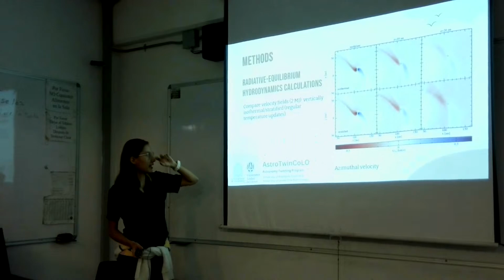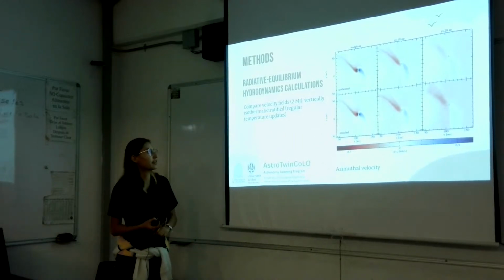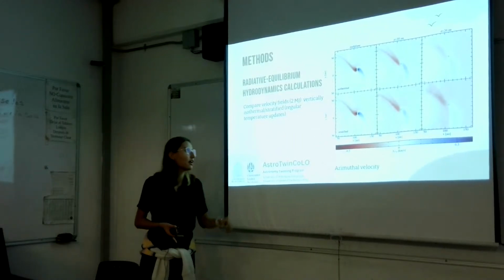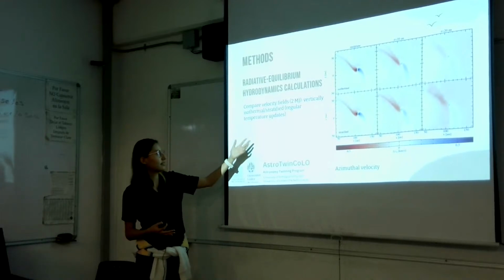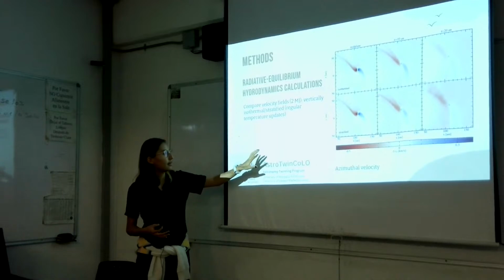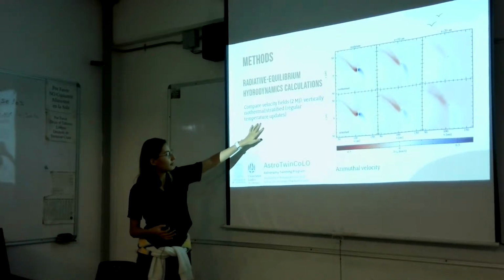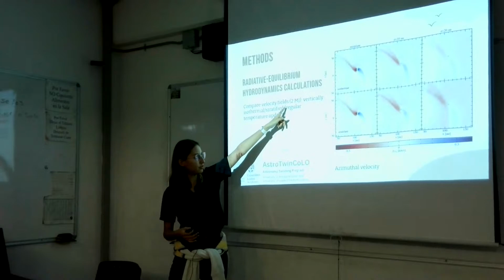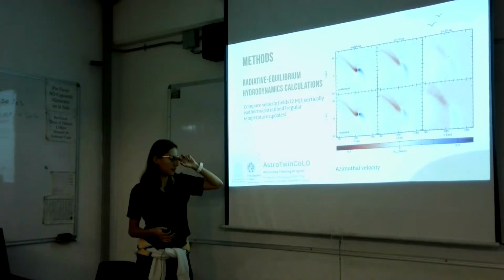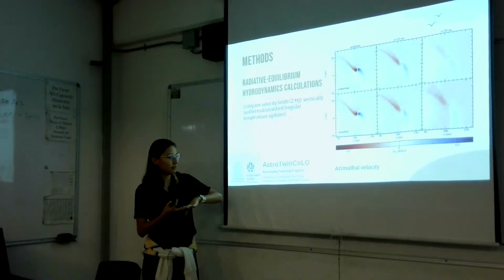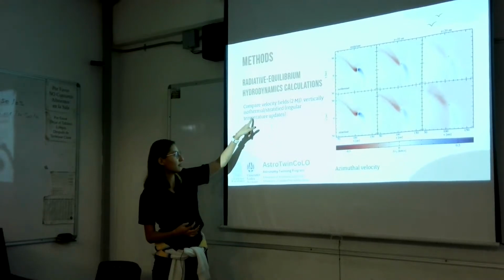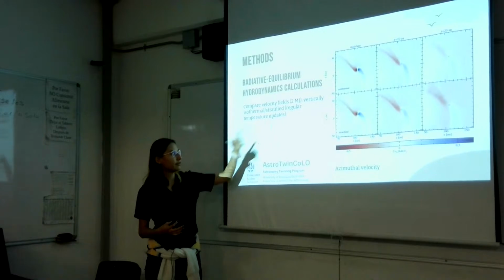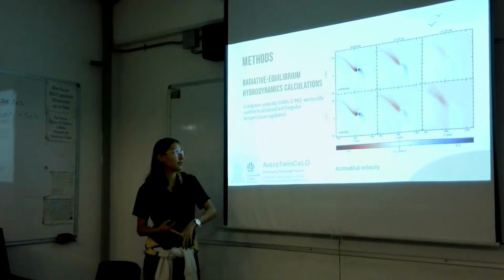Well, for the radiative equilibrium hydrodynamics calculations, there are different models to calculate the dynamics. The velocity fields of a 2 Jupiter mass model could be calculated with a vertically isothermal model or a vertically stratified model.